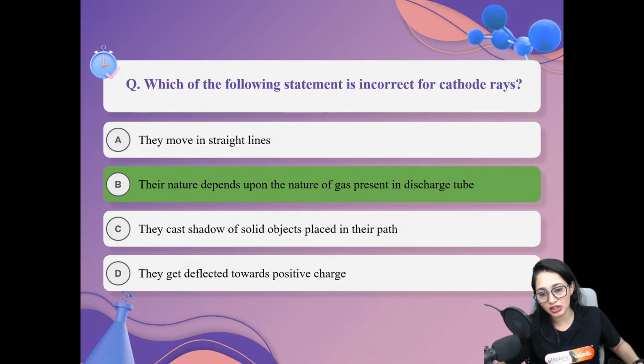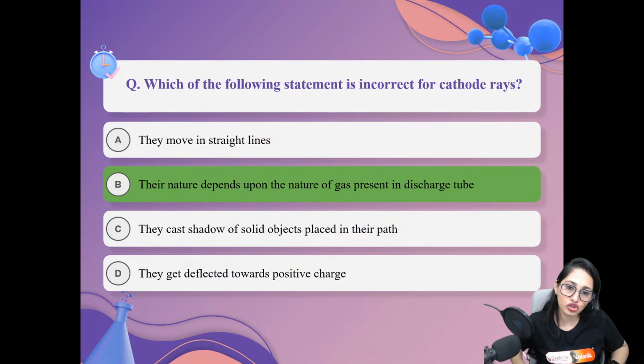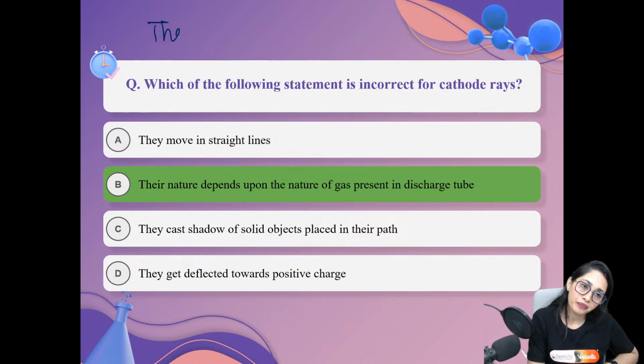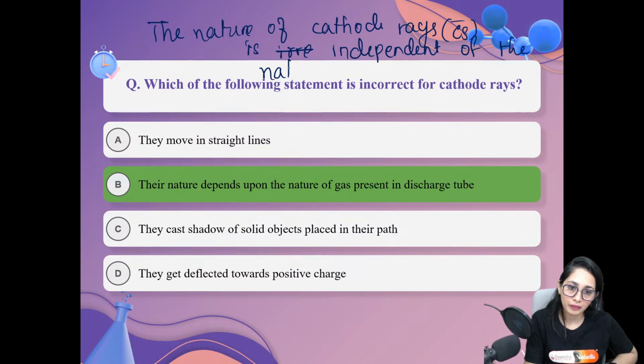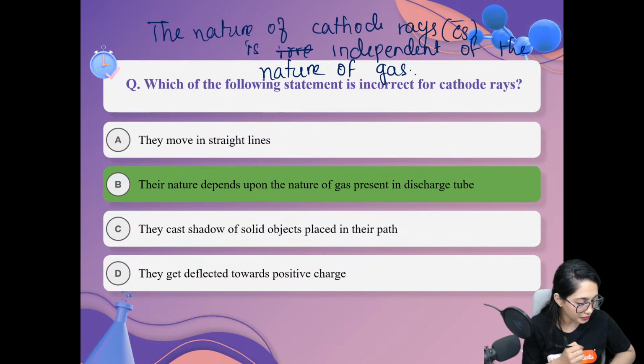Their nature depends upon the nature of gas present in discharge tube. Cathode rays are nothing but electrons. Their nature is irrespective or independent of the nature of gas present in discharge tube.